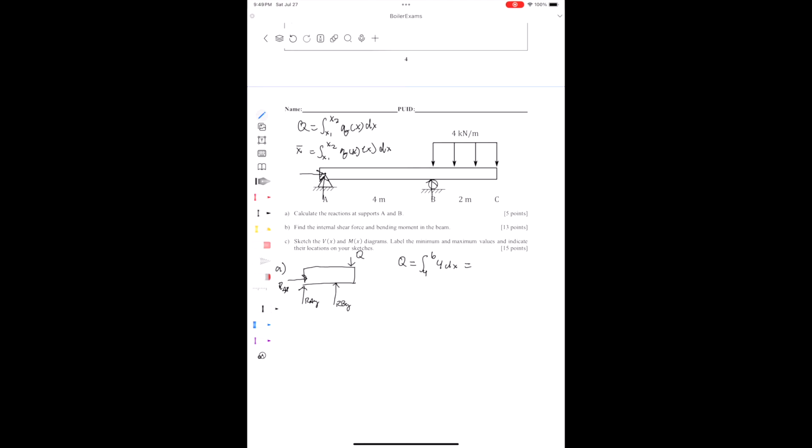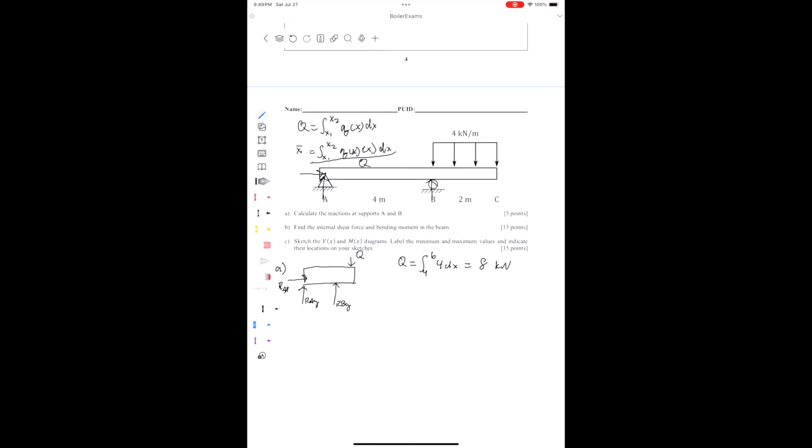So let's go ahead and solve this out. We're going to have a magnitude of 8 kilonewtons for our discrete force. Oh, that's right, I forgot. You also have to divide by what your Q was.